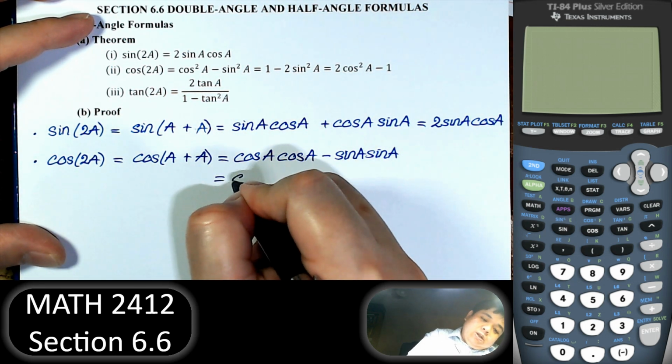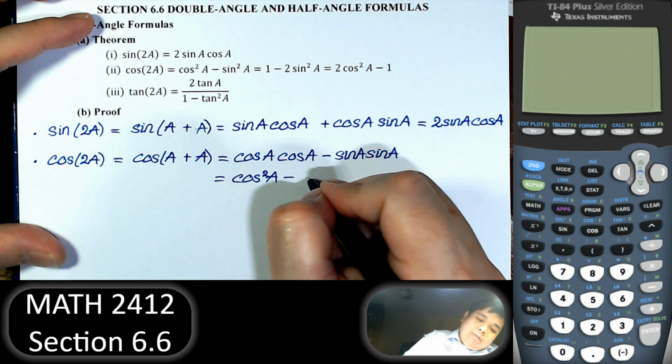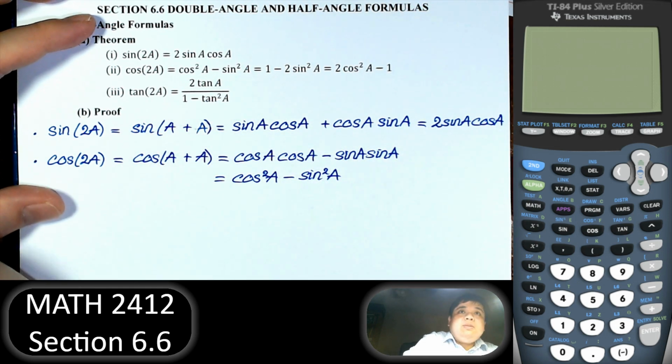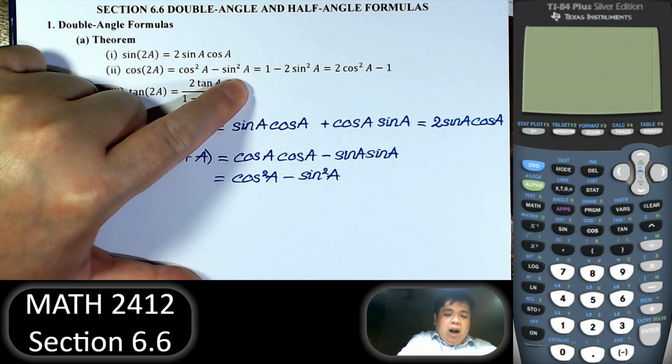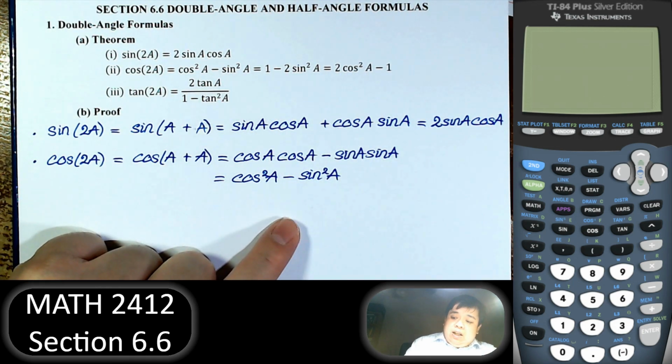That gives us cosine square minus sine square. Right, so that's the first part. The next part of the formula is easy.